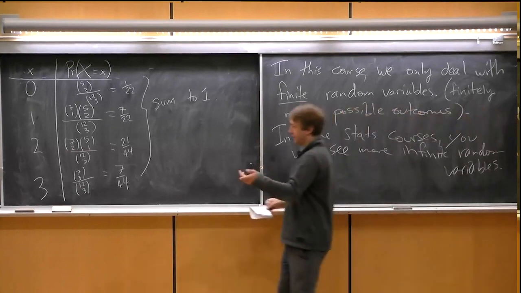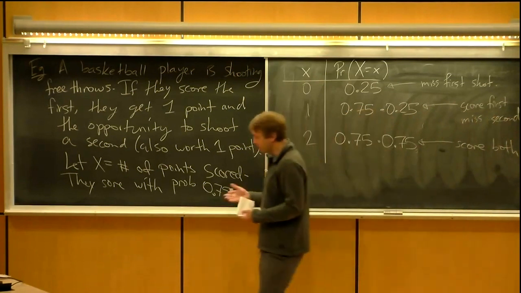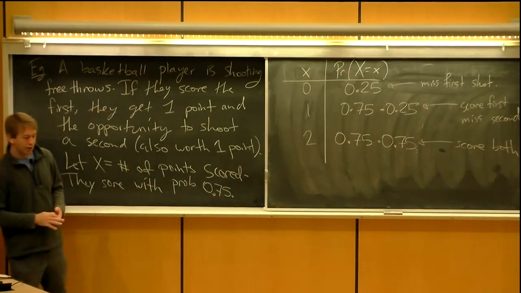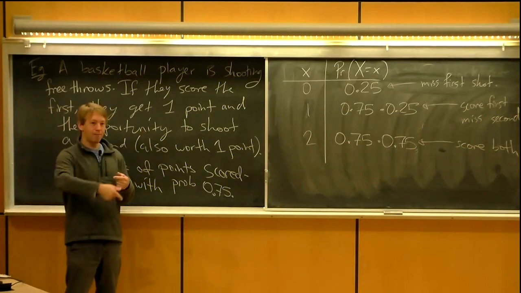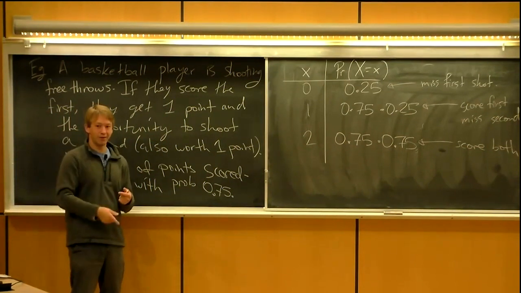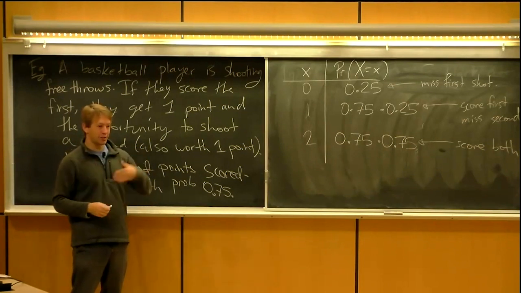Actually, this connects to the question that was asked about this basketball thing. Suppose instead of stopping it after 2 shots, you just say, okay, basketball player, you keep getting points as long as you keep making the shot, you get to shoot again, right? If you score 10 times in a row, you get to shoot an 11th shot, and so on and so forth.